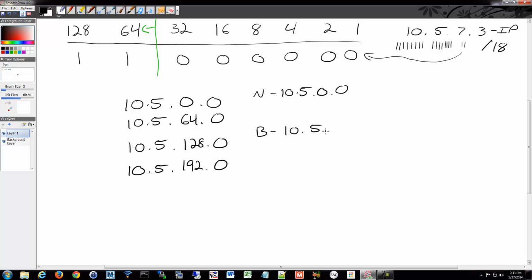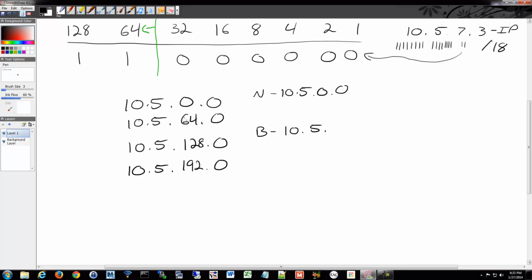It's going to be 10.5 dot, and we're going to look at the next network and reduce that by 1. But not by 1 in the third octet. It's going to be by 1 bit. And that 1 bit is going to be in that fourth octet, because remember, we have a whole lot more bits for the hosts now.